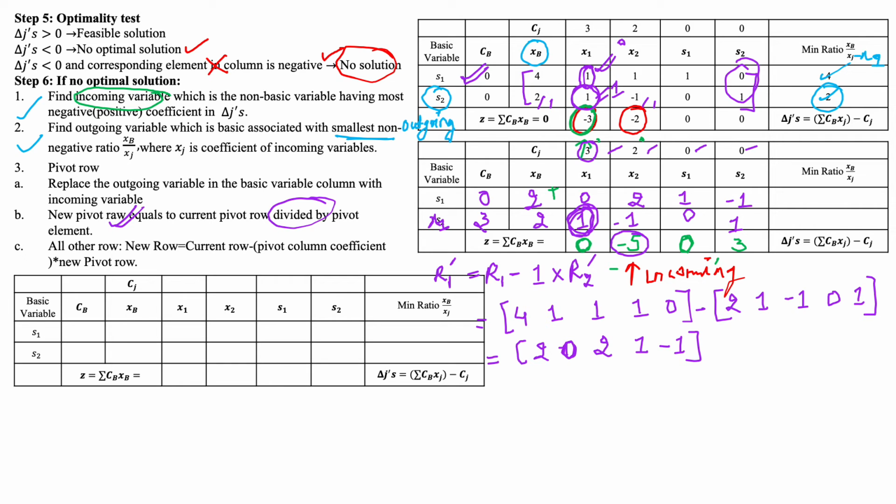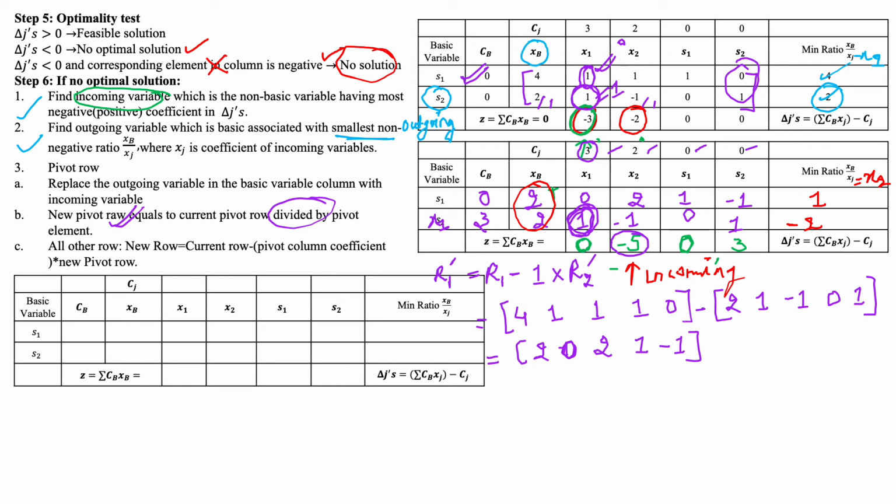in the new table. And how will I find out the outgoing element? That will be xb divided by the x2 elements. So 2 divided by 2 is 1 and 2 divided by minus 2 is minus 1.